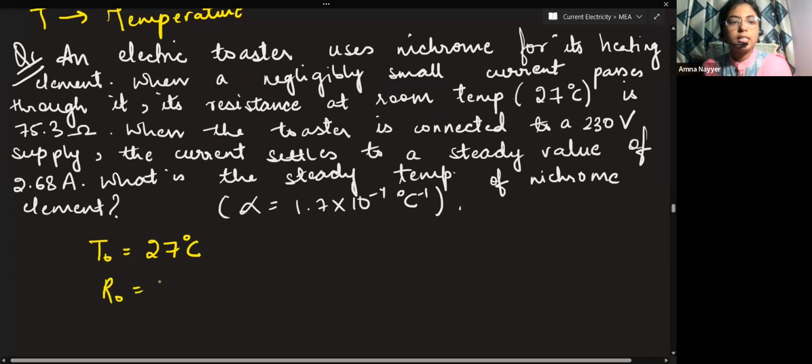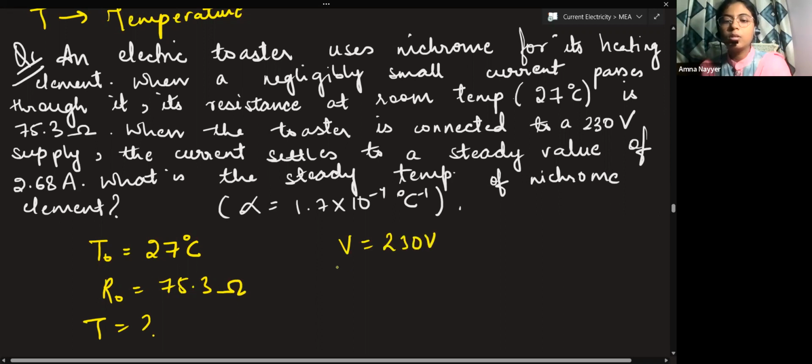This is 75.3 ohm. The other temperature, the steady temperature, we don't know. But we know the voltage is 230 volts and the current is 2.68 amperes. So from here we can get the value of R. V is equal to IR.